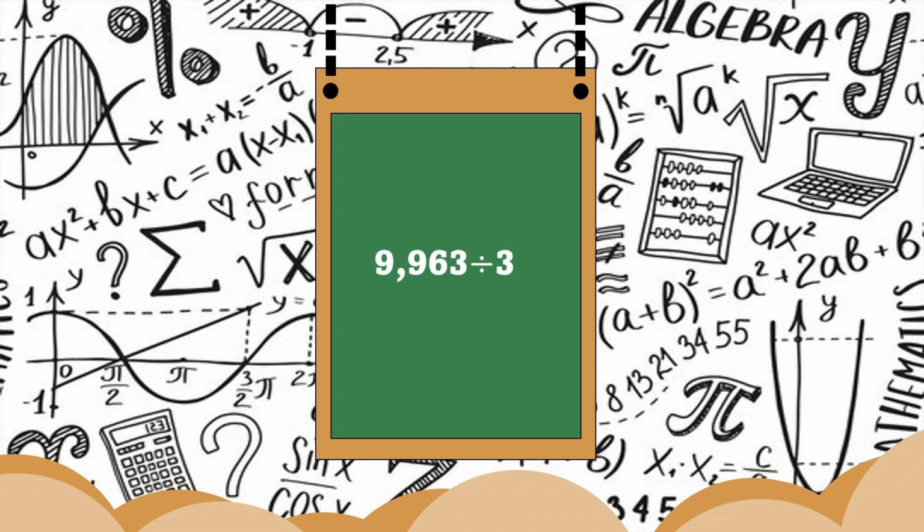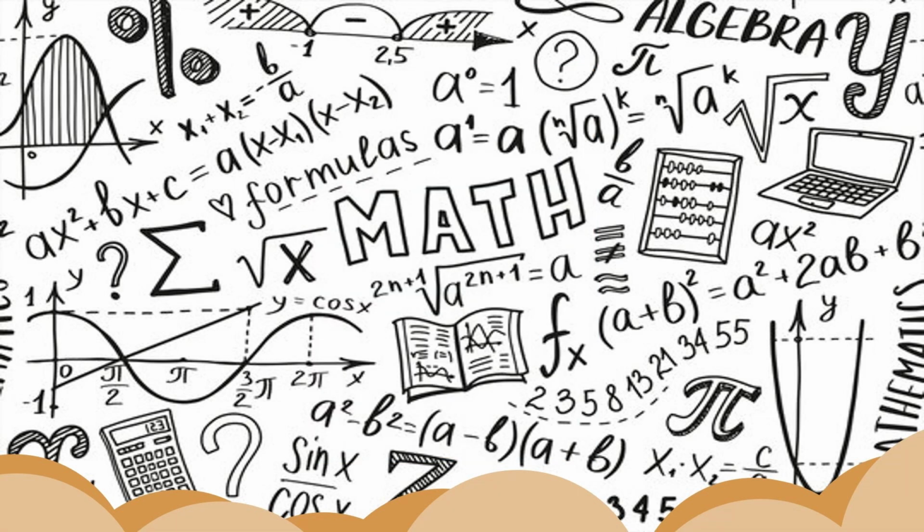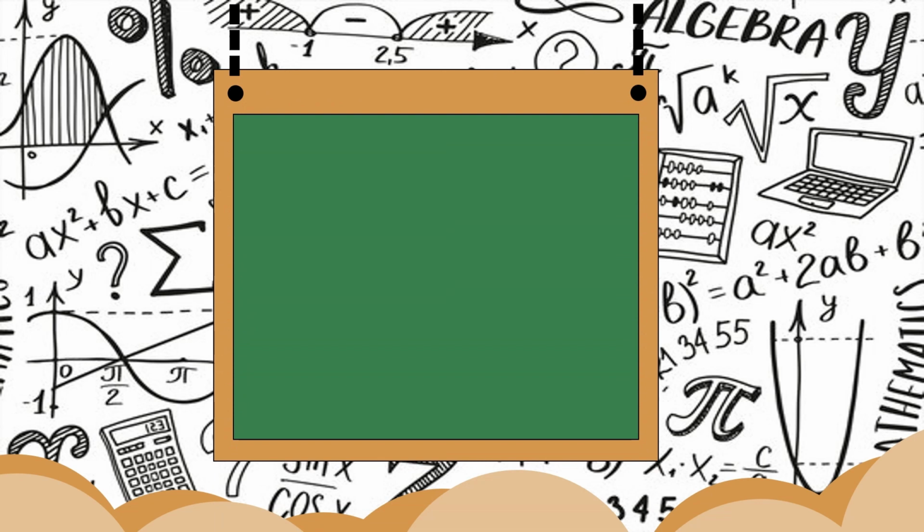9,963 divided by 3. In the example that I gave, our dividend is 9,963 and it is the one inside our long division symbol. Our divisor, which is 3, is located outside of our long division symbol. So first, let's divide our first term or first number by our divisor. 9 divided by 3 is equal to 3.